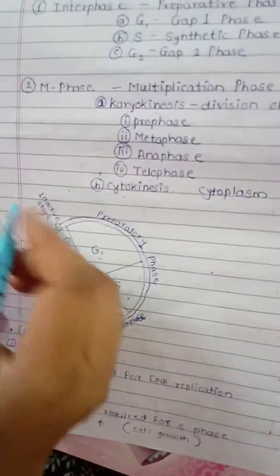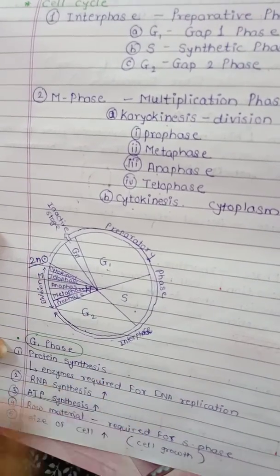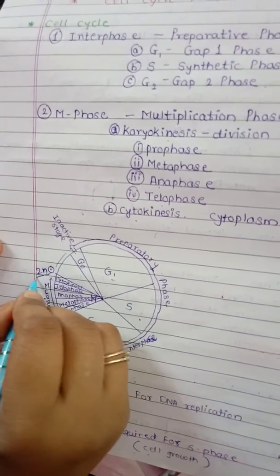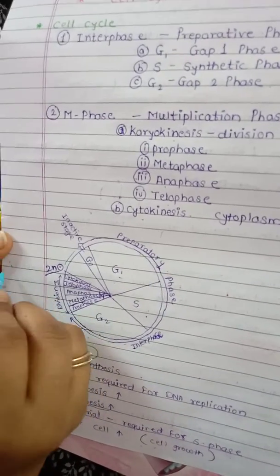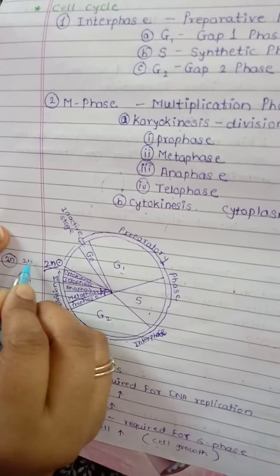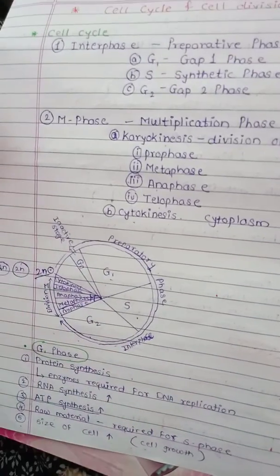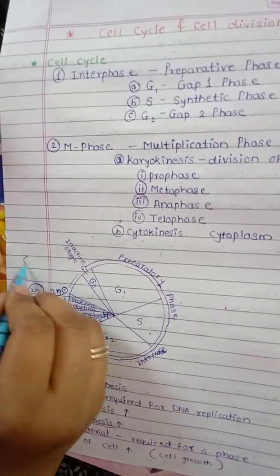We know that in mitosis, the parent cell is 2n, and two cells of 2n number are produced by division from one cell.